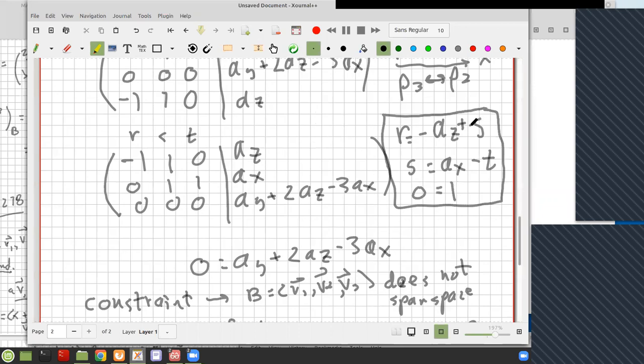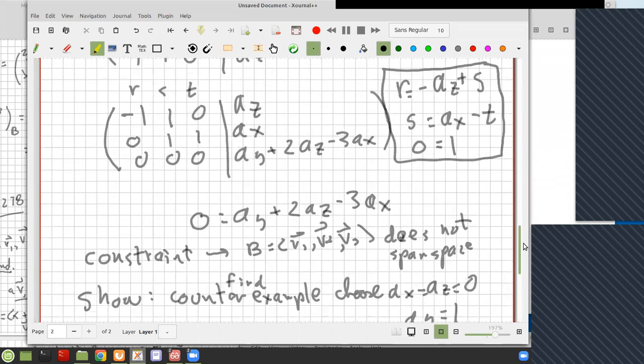Oh, sorry about that. Let me just do this properly. We want to put S in because we're solving for R equals minus az plus ax minus t, and S equals ax minus t.